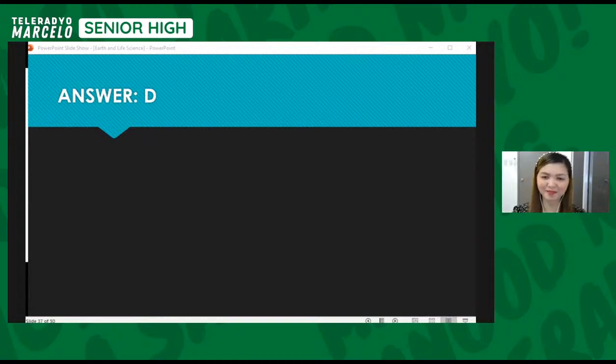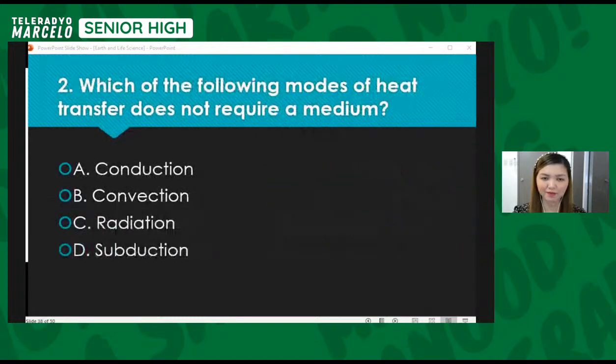Very good. Now, let's have number 2. Which of the following modes of heat transfer does not require a medium? Letter A, conduction. Letter B, convection. Letter C, radiation. Or letter D, subduction.